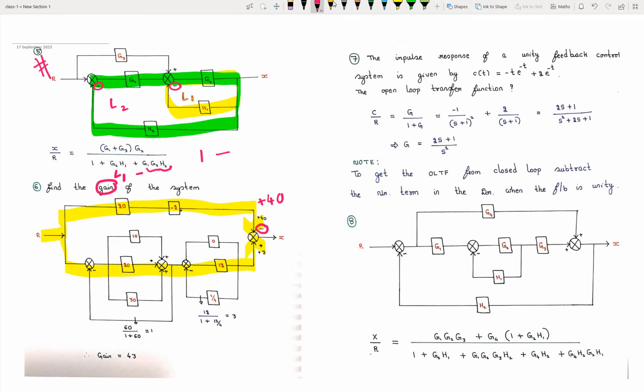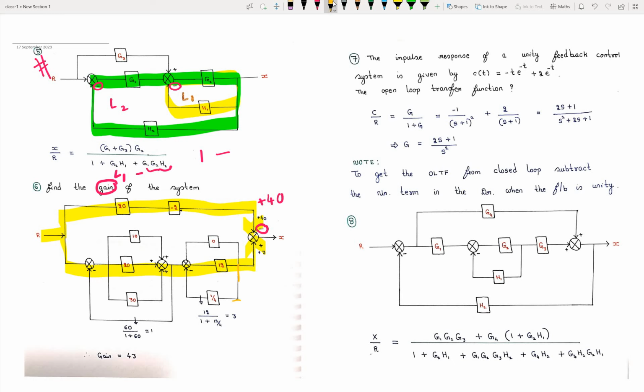Now coming to this path, these blocks are connected in parallel and we have taken here feedback path. Sorry, it has to be forward path only. So these blocks are connected in parallel and we have feedback path here. So since the blocks are connected in parallel, we have to add it.